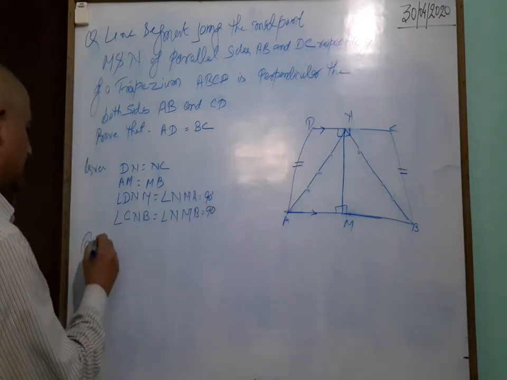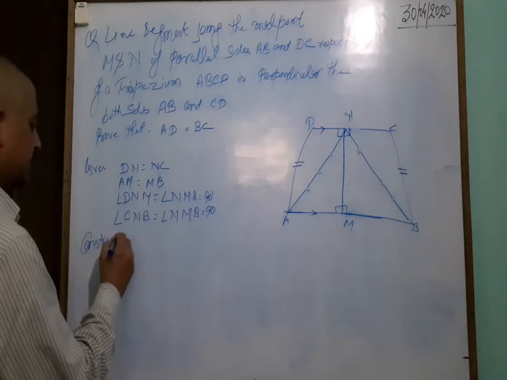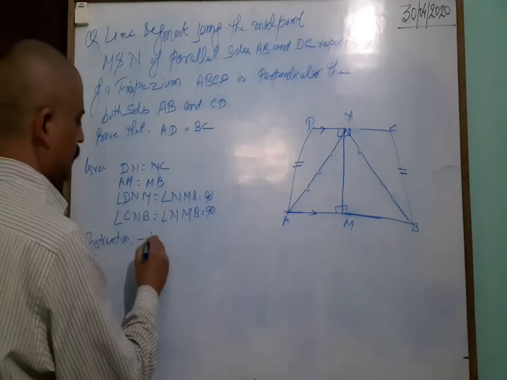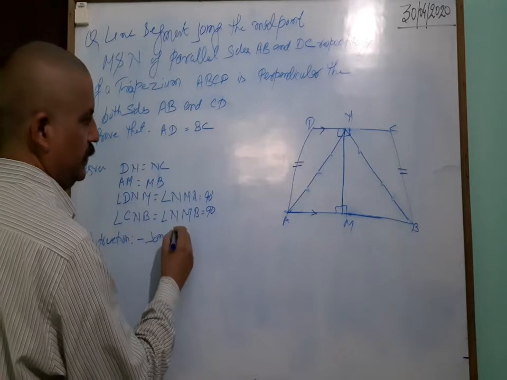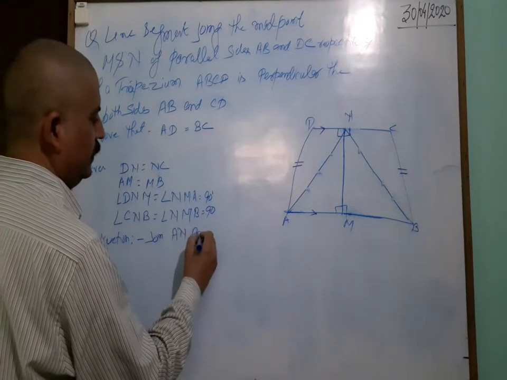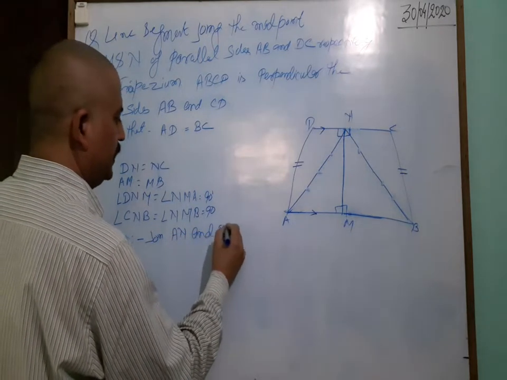Construction: join AN and BN. So two triangles are formed.